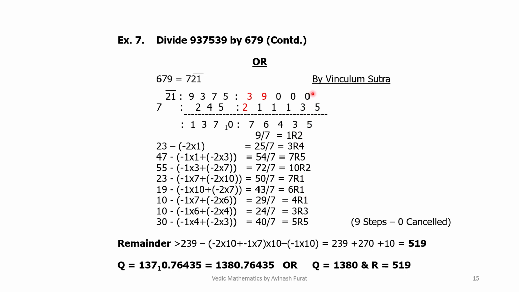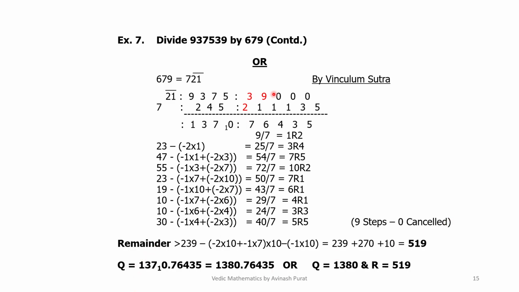Now 30 dividend minus 1 into 4 plus minus 2 into 3, that is 6 plus 4, 10. So 30 plus 10 is 40. 40 divided by 7 is 5 quotient and remainder is 5. Now in this case we see that there are 9 steps and none is cancelled.